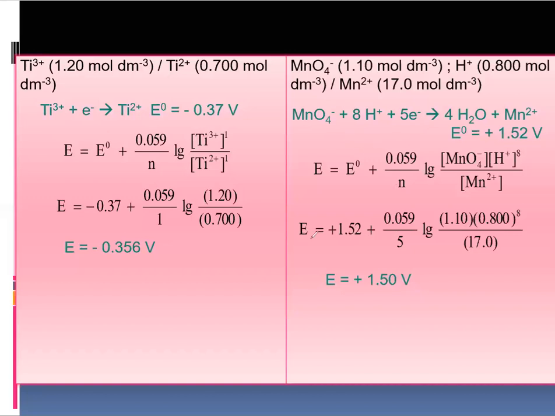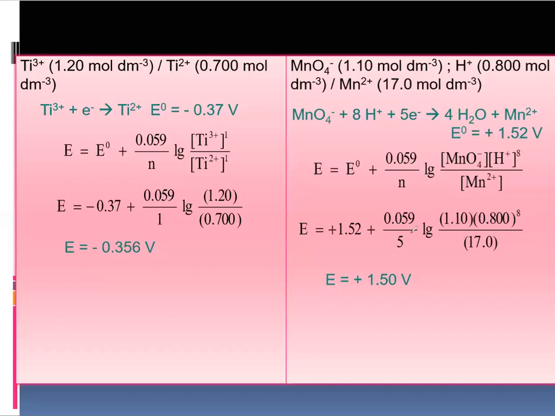So from here, E will therefore be equal to this value, 1.1 times 0.800 raised to the power of 8 all over 17.0. Again, you need to follow the correct mathematical operation. You must find the 8th power of 0.800 first, multiply whatever you get by 1.1, then divide the value by 17.0, then find the log.